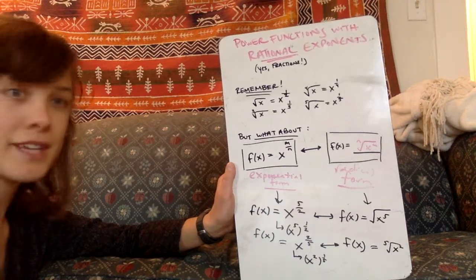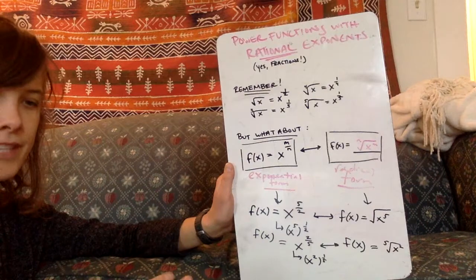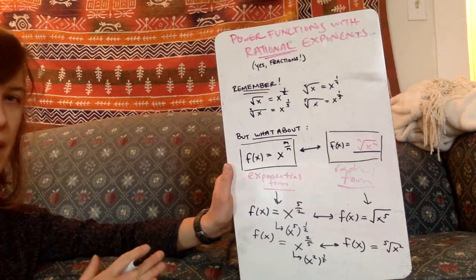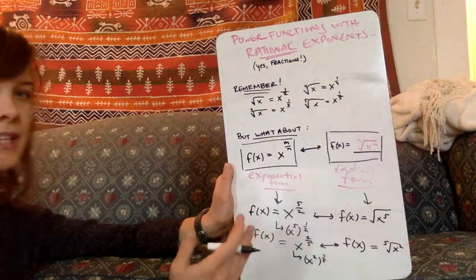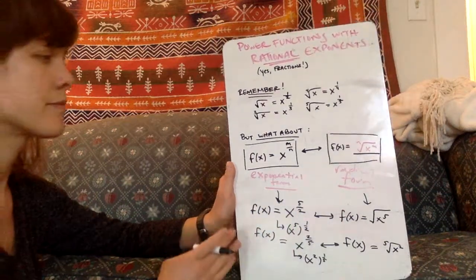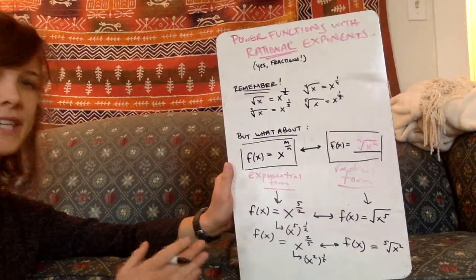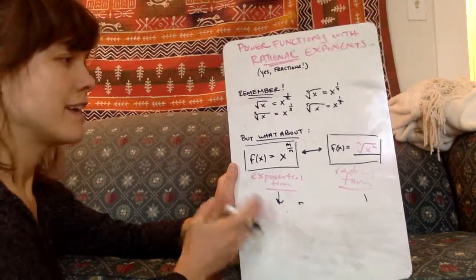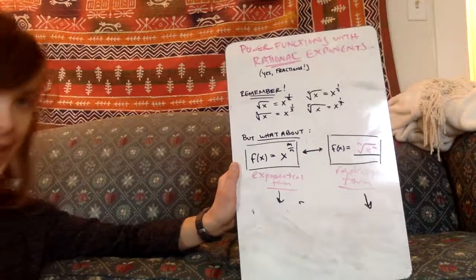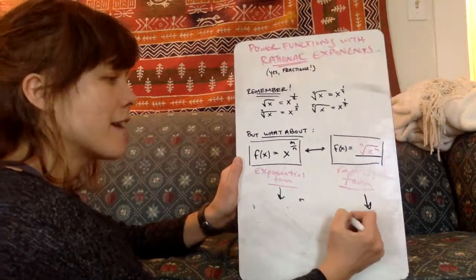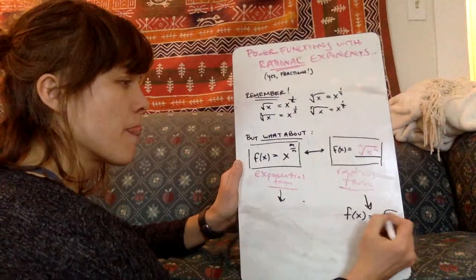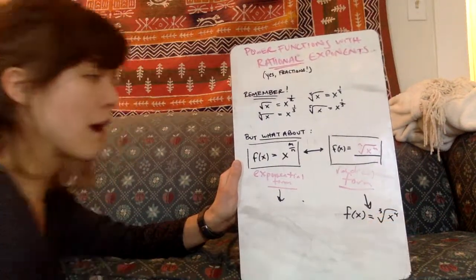If you haven't written this down, pause the video and write this down really quickly. I'm going to erase the bottom, and we're going to go from radical to exponential. Okay, so if I have things in radical form, let's say I have f of x equals the cube root of x to the fourth.